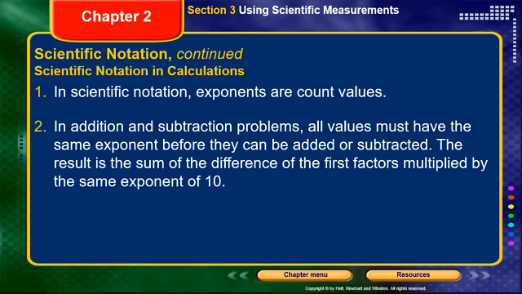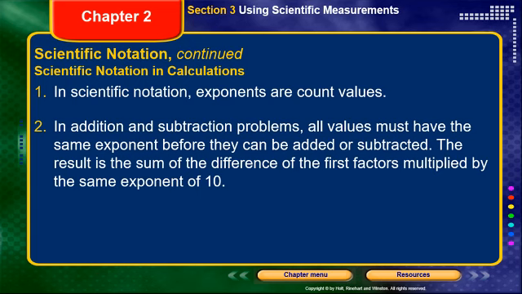I'll repeat that. When doing addition and subtraction problems, all values must have the same exponent before they can be added or subtracted. So, if you have differing exponents, you're going to have to move the decimal of one of the values until you have the same exponent. Then you can carry out your function.